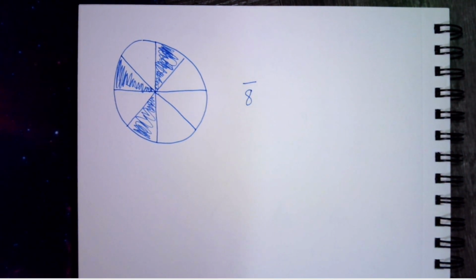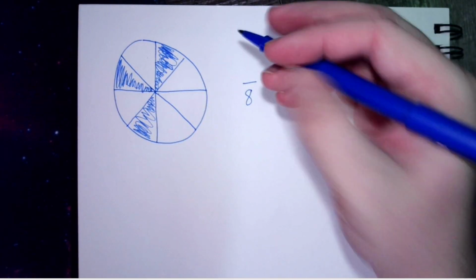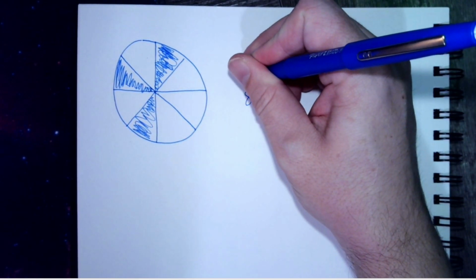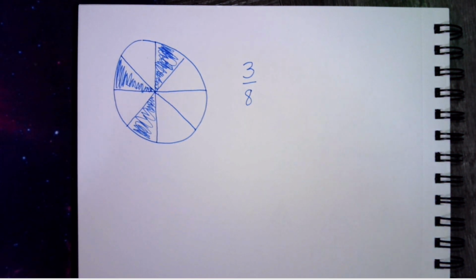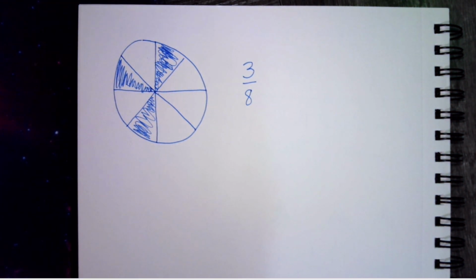How many are being used? 1, 2, 3. So we have 3/8. Okay. Now I'll give you an opportunity again to pause the video. I would like you to see if you can decompose this fraction in as many ways as you can, just like the last example.